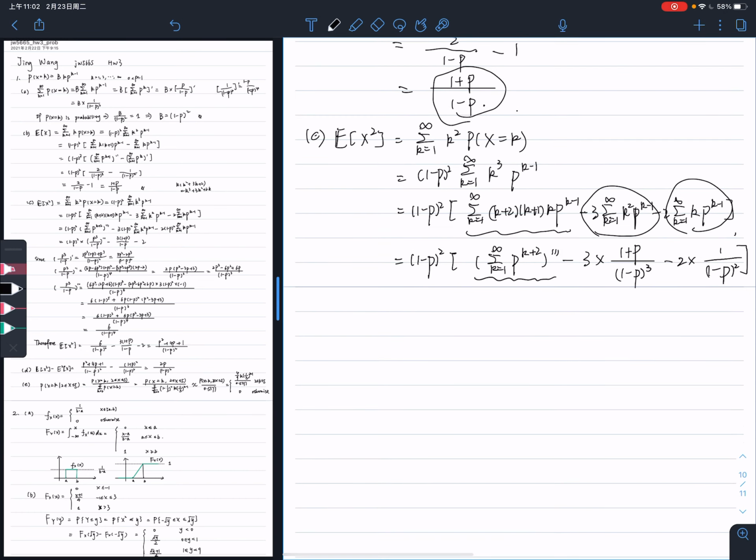So what we want to know is this part, the third order gradient of this function.